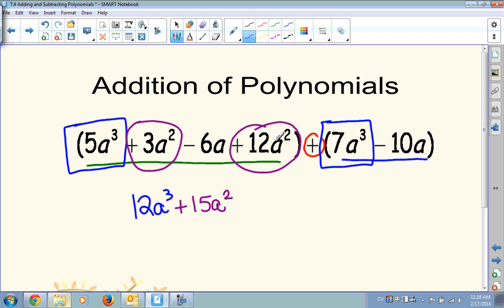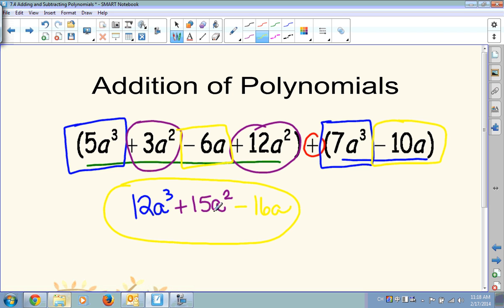And then our last two common terms are negative 6a. Please notice you have to pay attention to the negative sign. You can't just disregard that. This is not a positive 6a, it's a negative 6a. And a negative 10a. So what is negative 6a and negative 10a? Negative 16a. And that is as simple as we get.